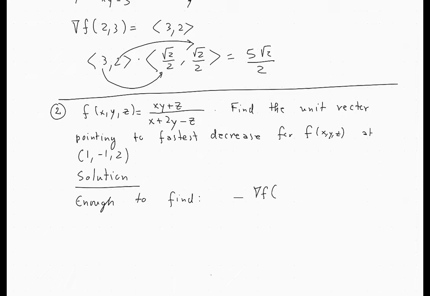But don't forget that you need to normalize it. So you need to divide because we want the unit vector, right? And this is -2 actually. I should be careful with the numbers. Okay. This is the vector that we want to find.